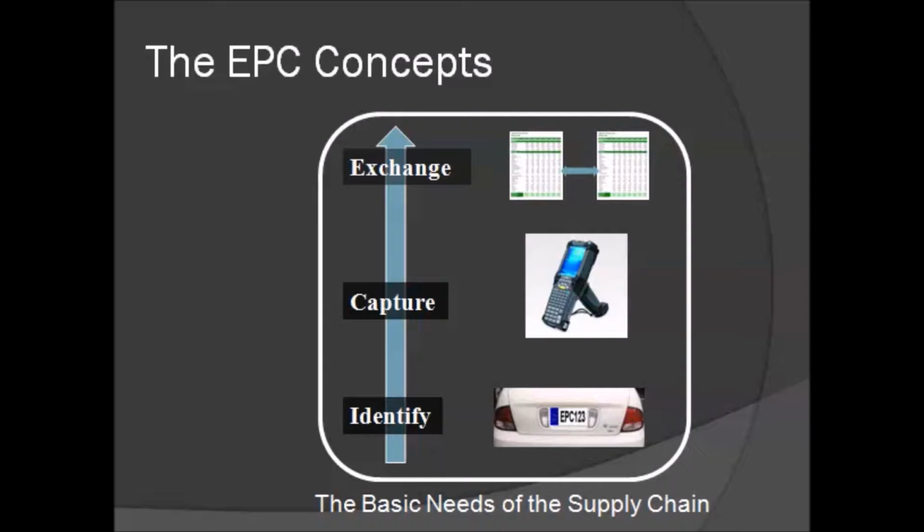So in the following screens, we will provide you a clear understanding of these needs: how to identify an individual trade item, how to capture the data from the trade item, and finally, based on the network, how to exchange the information between each other.